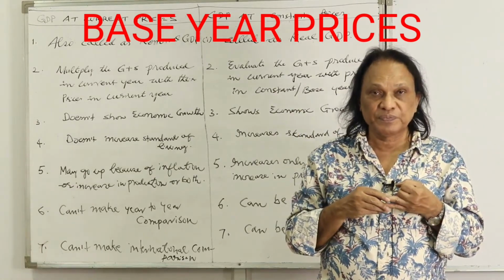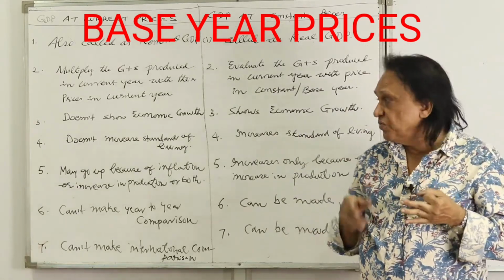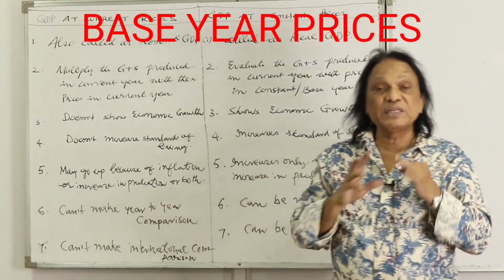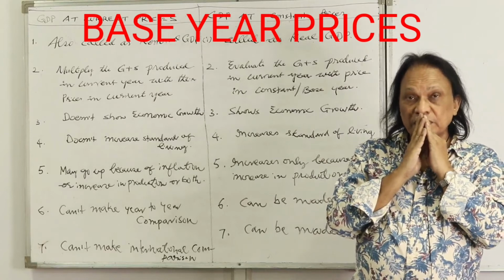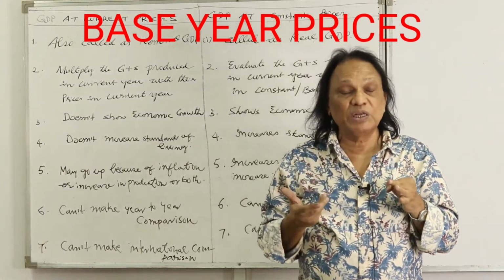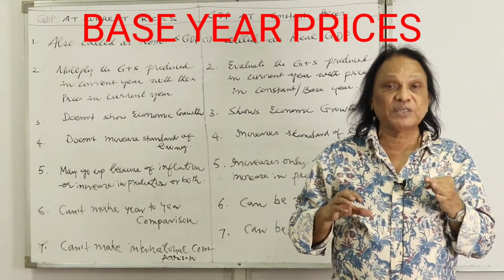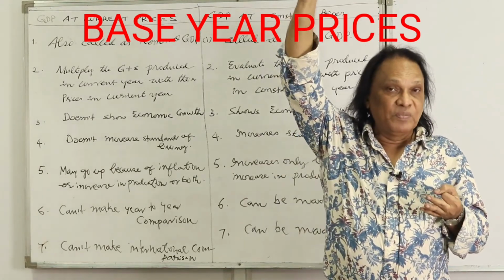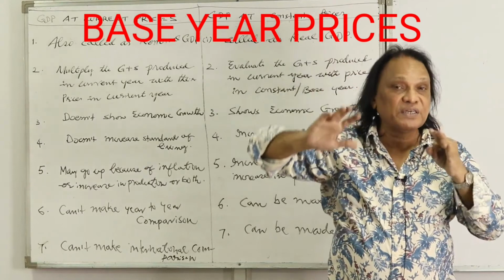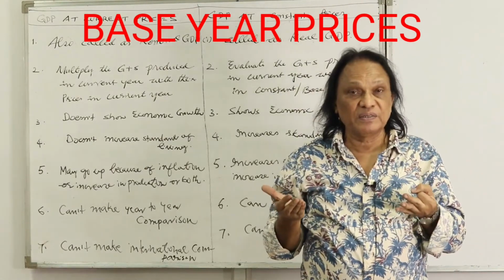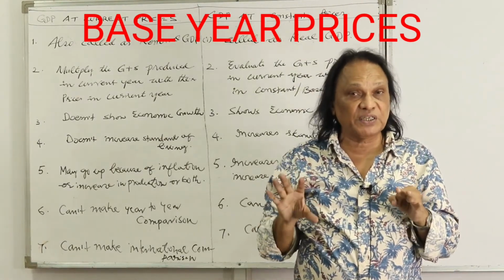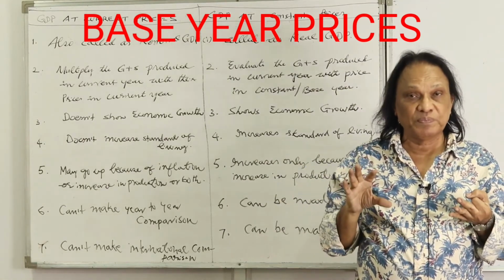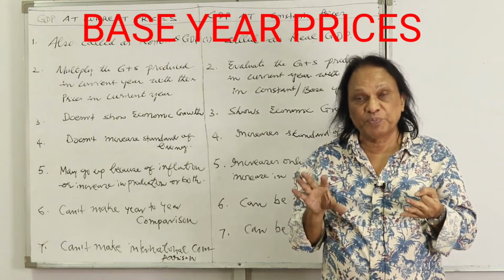The third point, a very important point, I wrote it here. Logically think, nominal GDP or GDP at current prices may go up because of an increase in prices. You will not increase the production, but there is inflation in the economy, the prices are going up. So obviously nominal GDP will go up. It's not because of an increase in output or production.